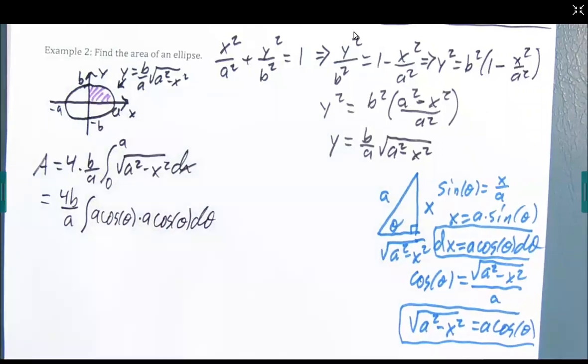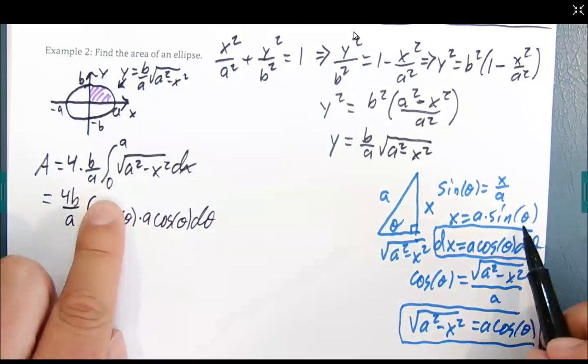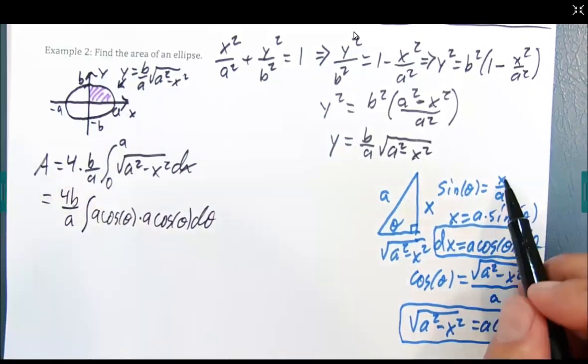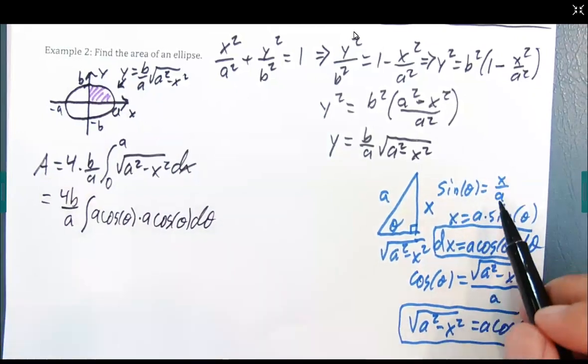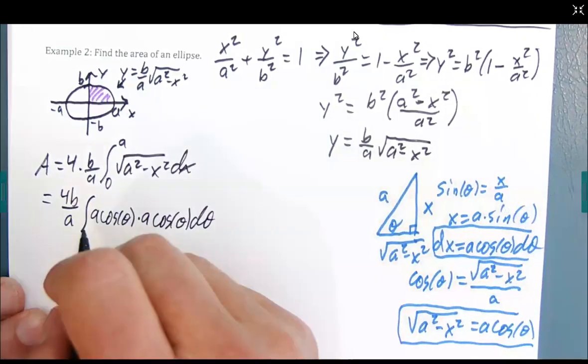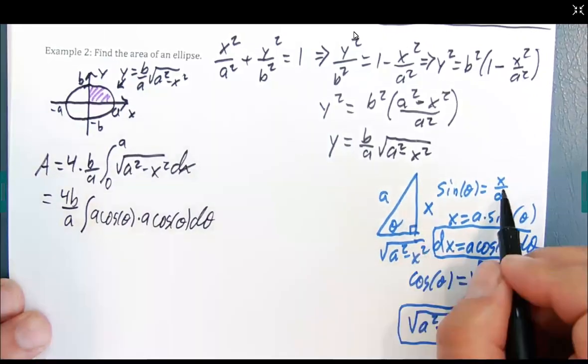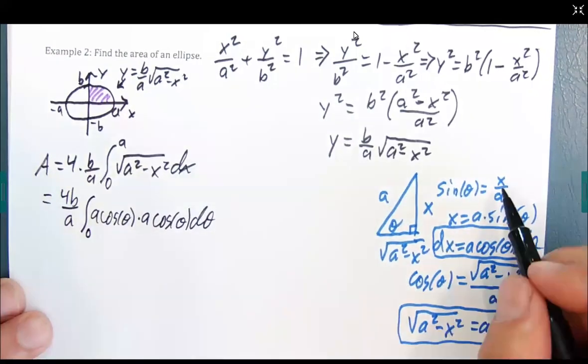When we get back to in terms of x, then I'll plug those in. What we could do is plug in 0 for x here, and then the sine of theta equals 0. And then we can plug in a there, and that would make that 1. Actually, let's do a full transformation on that. So when x equals 0, theta is going to be 0. And when x equals a, that means sine of theta equals 1. That's at pi over 2.